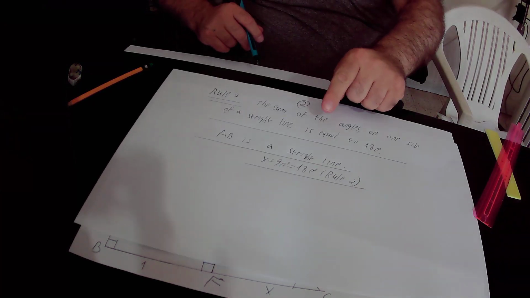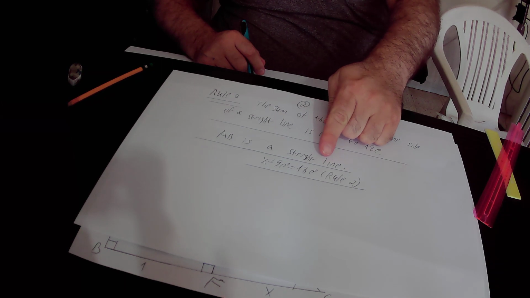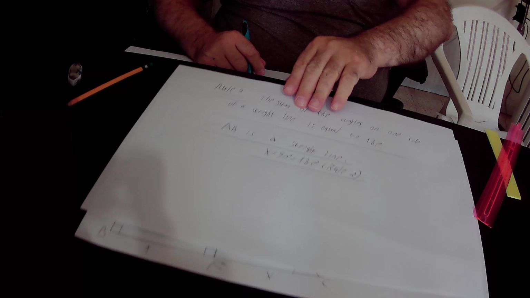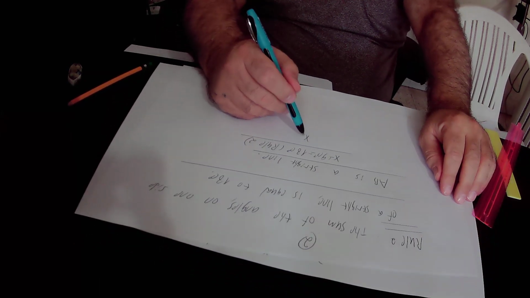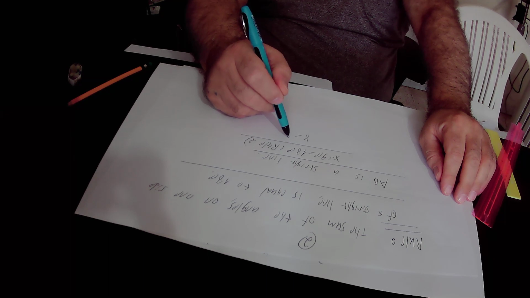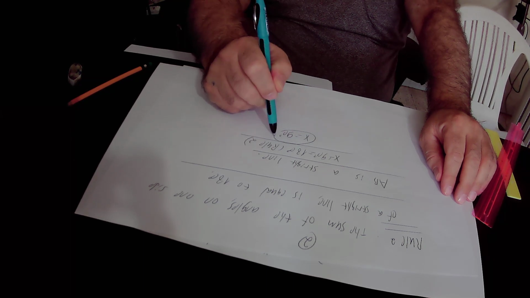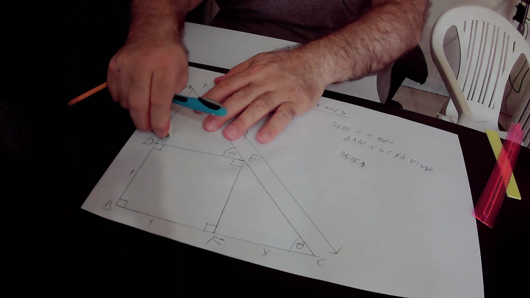We subtract 90 degrees and get that angle X equals 180 degrees minus 90 degrees, which is 90 degrees. So angle X is a right angle.